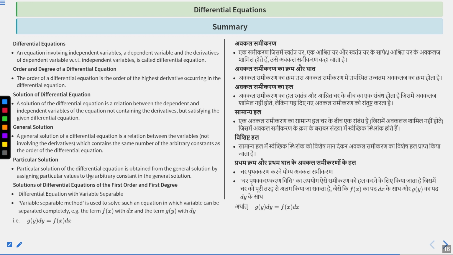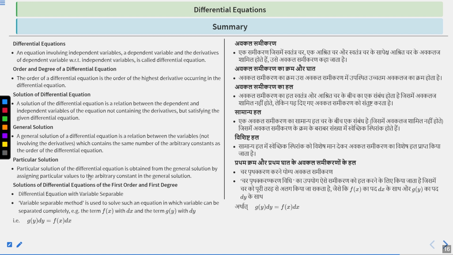After that, we had studied the solution of a differential equation. A solution of a differential equation is a relation between the dependent and independent variables of the equation, not containing the derivatives, but satisfying the given differential equation, right? Then it will be the solution of the differential equation. We had studied two kinds of solution, general solution and particular solution.